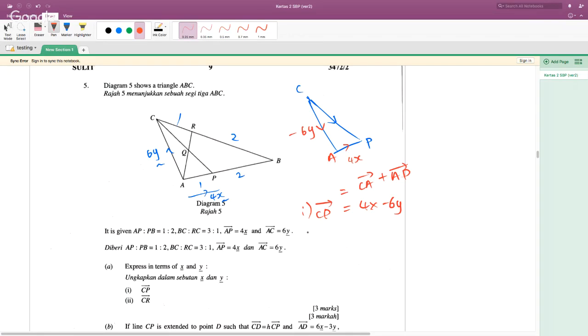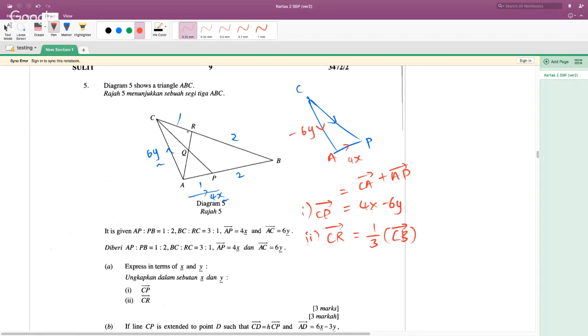All right, then we go to the second one, CR. C to R. Okay, so we know C to R is equal to 1/3 of C to B, isn't it?